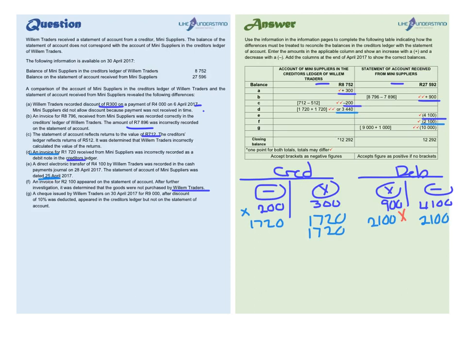A check issued by Willem Traders on 30 April for 9,000 after a 10% discount was deducted appeared in the creditors' ledger but not on the statement of account. If we paid the total debt, we would pay 100%. We deducted a discount of 10%.